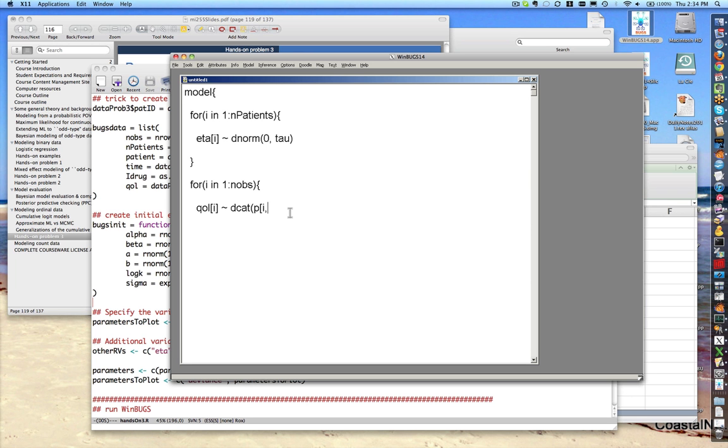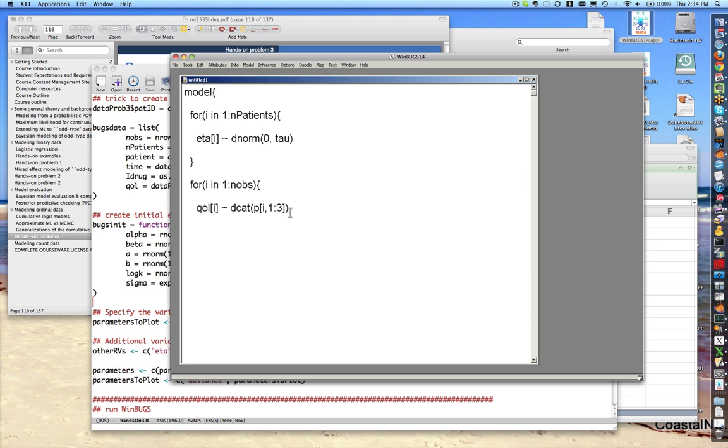But then there's going to be 3 values in here corresponding to the 3 different possible levels of QOL. So I've got to put in the 1 to 3, and I needed a closed square bracket there.